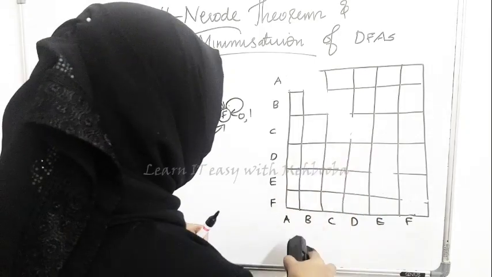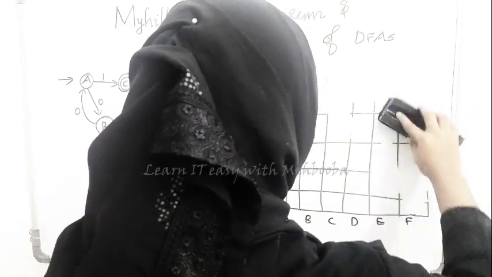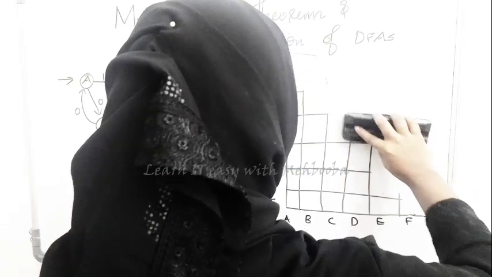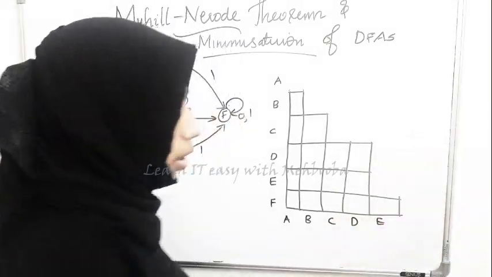Now CA is already here as AC. Like that, we don't need any of the cells above the diagonal, and we don't need the diagonal cells also. So this is the maximum number of entries that we require. We don't need this column for F because F is already covered. So this is the number of cells that we require.